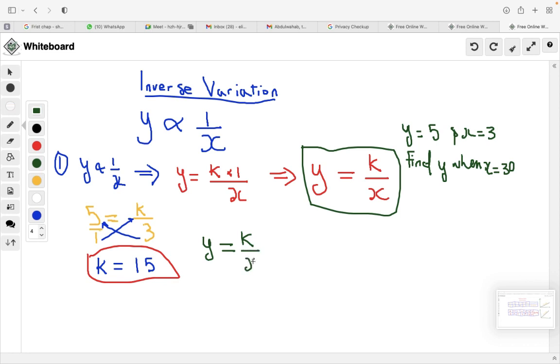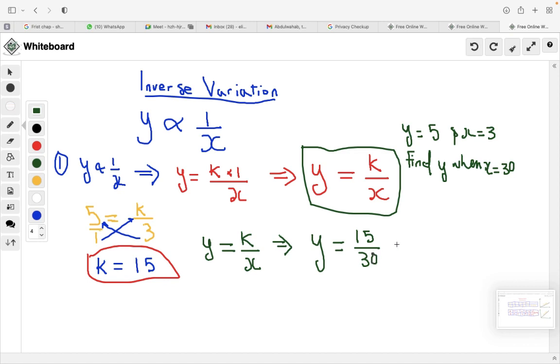So now they want you to find y when k is 15. We've calculated k to be 15. So y will be what? You put the value of k, which is 15, here, all over the value of x. When x is 30, they told us x is 30. So we put 30 here. Okay, is that okay?